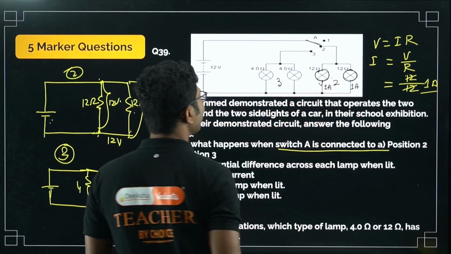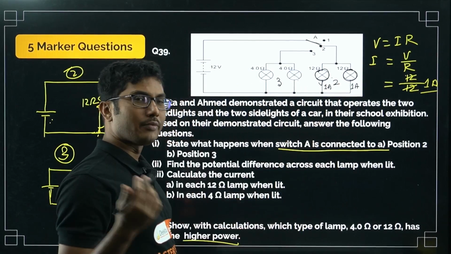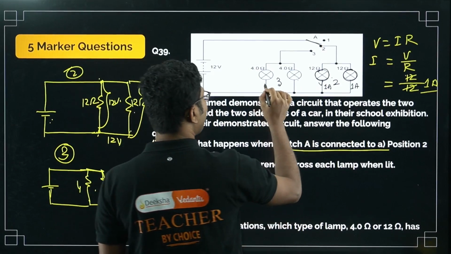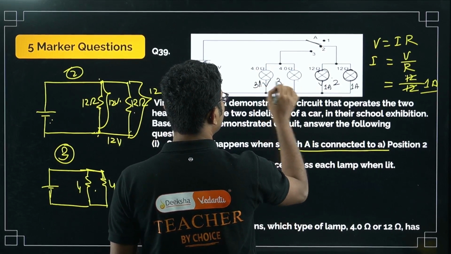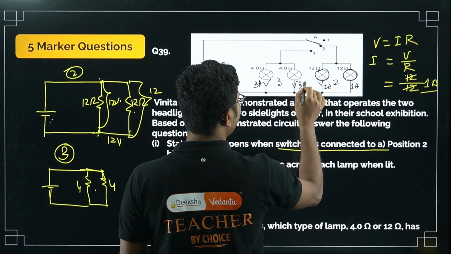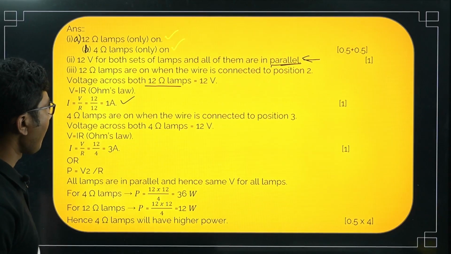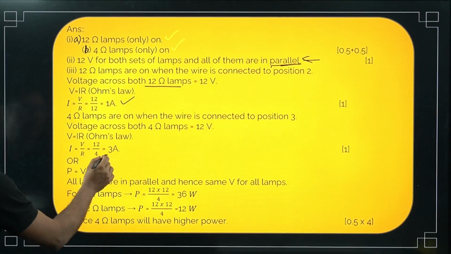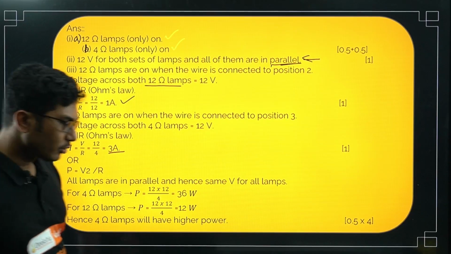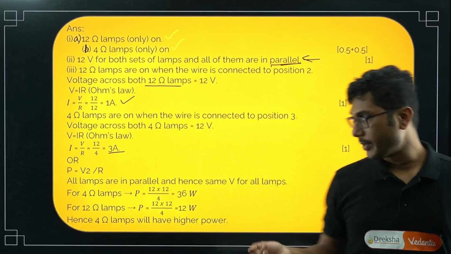Now what is the current through this? In this case it will be 12 by 4, so 3 ampere through this and 3 ampere through this. Both 4 ohm lamps will have 3 ampere through them.